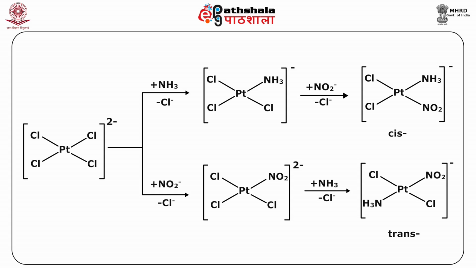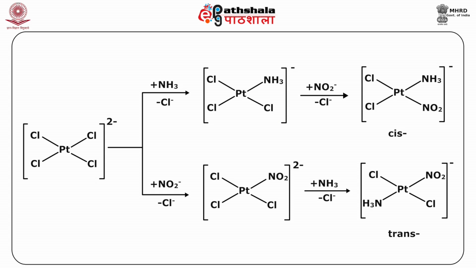So, what will be the product when NO2 reacts with this complex? The question is where NO2 minus will bind. Results say that NO2 minus binds cis to ammonia.